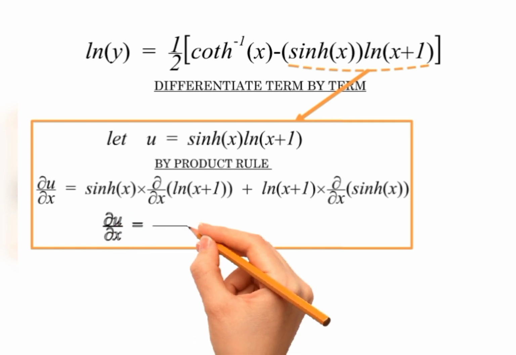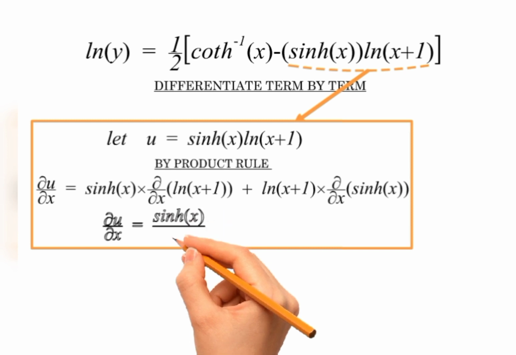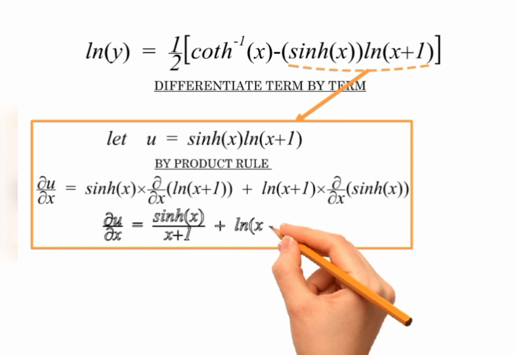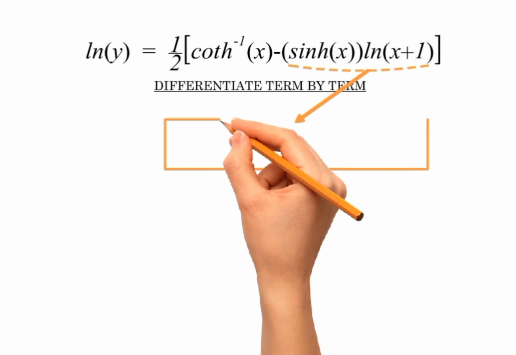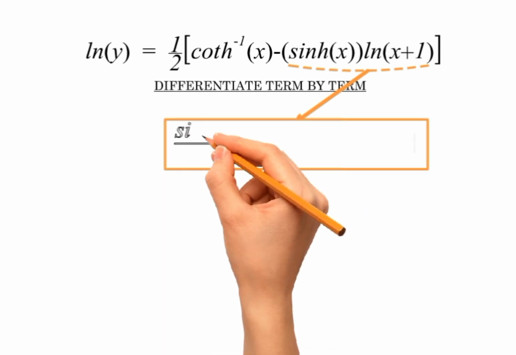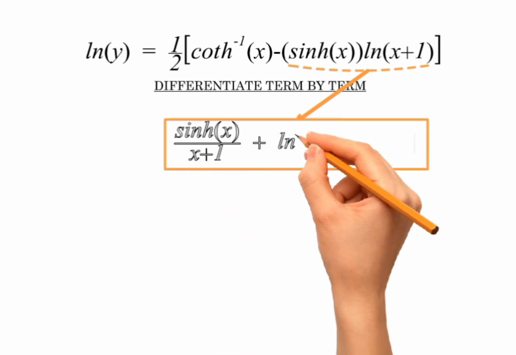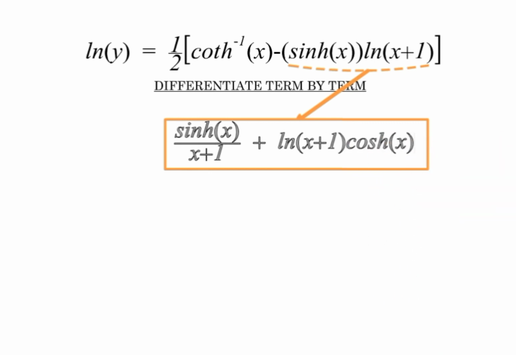Without prolongation, du over dx is equal to sin x over x plus 1, plus ln of x plus 1 times cos x. So, the derivative of sin x ln of x plus 1 is equal to sin x over x plus 1 plus ln of x plus 1 times cos x.